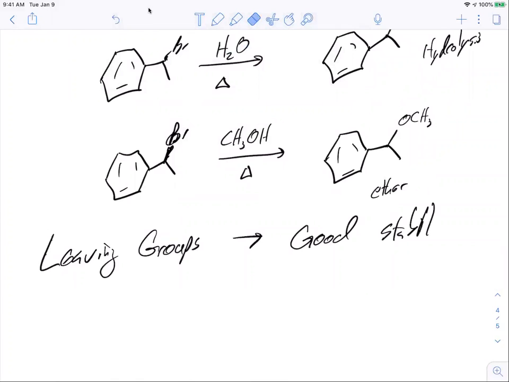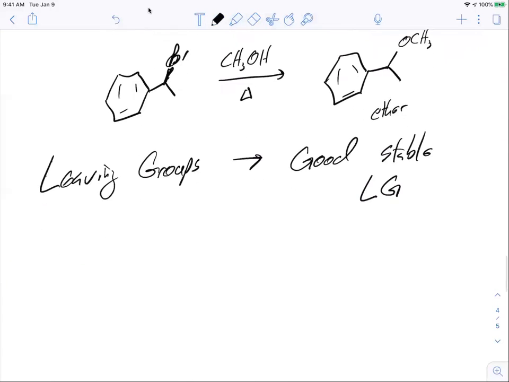We just need a good stable leaving group. So not much different than an SN2, right? We have to have a group that's pretty good. You will see in especially older books, some things like point charge.